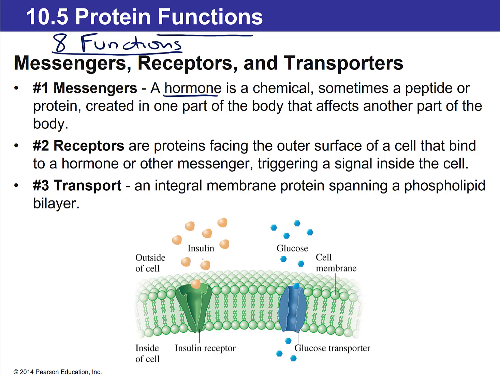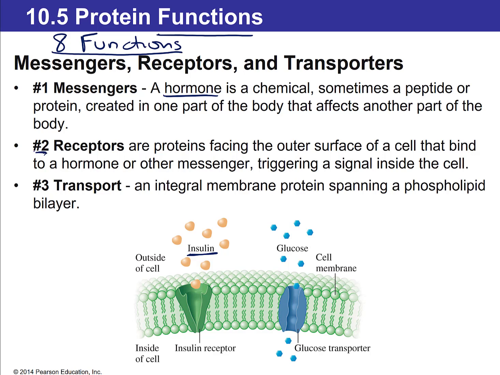So insulin is the example, one that we have talked about on multiple occasions in this class, because insulin's secreted by what? The pancreas. Secreted into the blood and it circulates, until it leaves the blood, travels around cells, and it finds the second example.